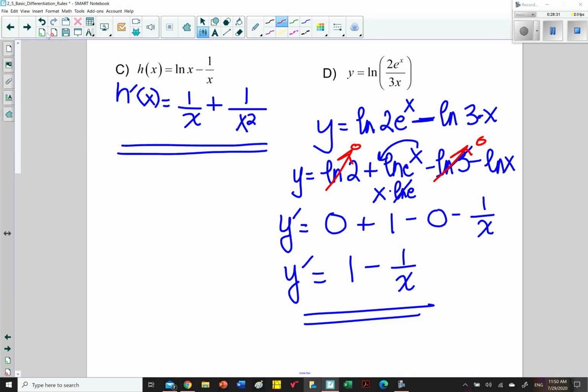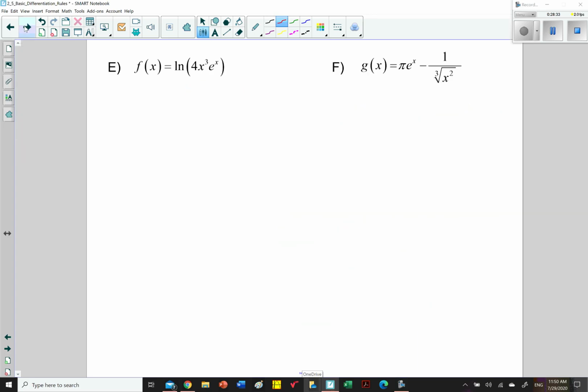Okay, 2 more, and then we'll be done. In this case, we've got the natural log of a product. So breaking that apart, let's call that the natural log of 4x cubed plus the natural log of e to the x.